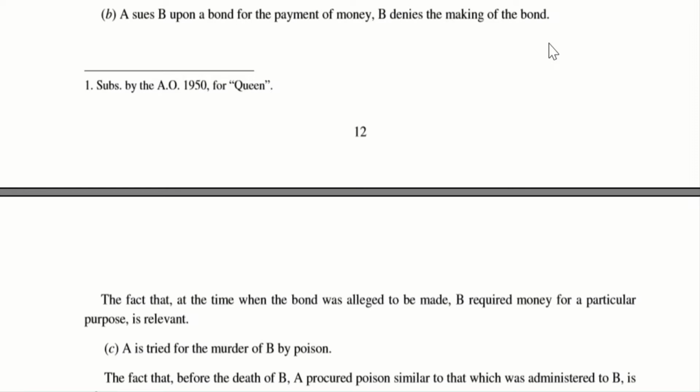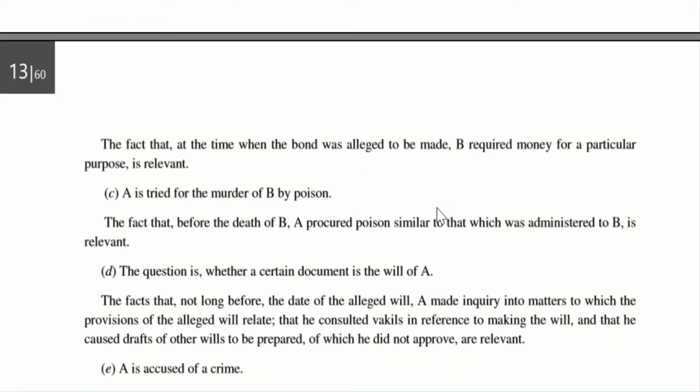In all these situations, it is very probable that this person would have taken money from A. So that is considered to be quite relevant. So the requirement or the need for money of B is very important and it is considered to be relevant. Now let us move to illustration C.